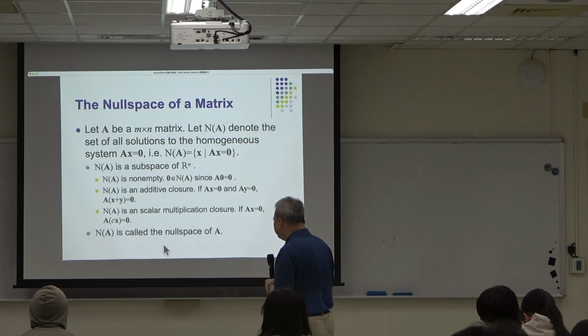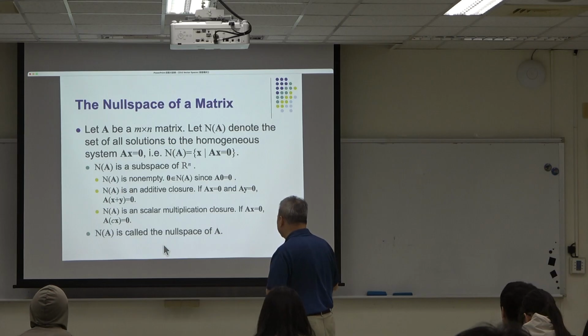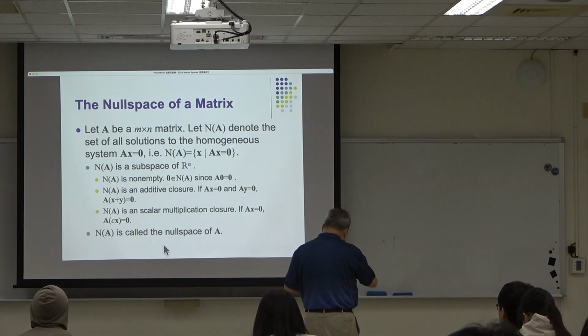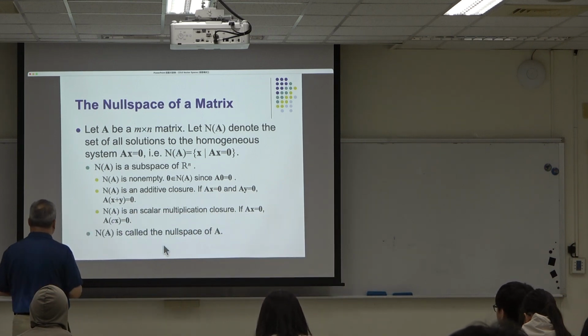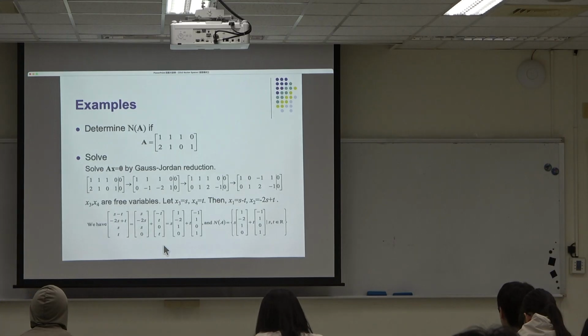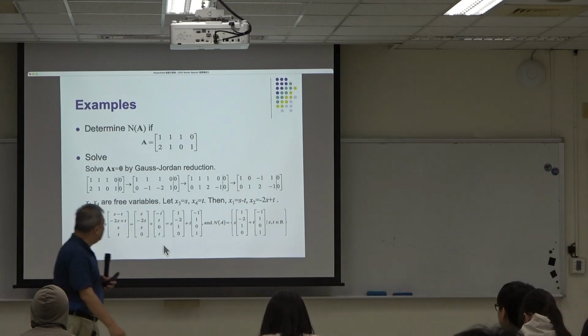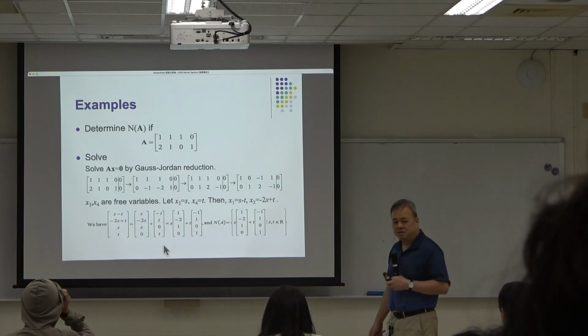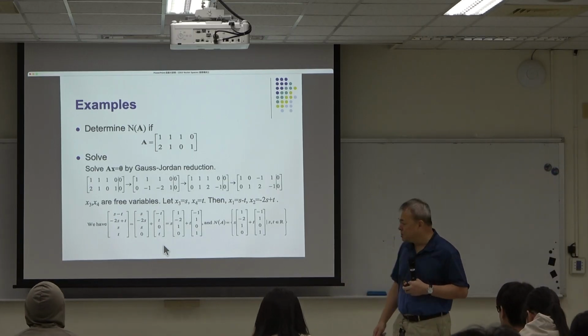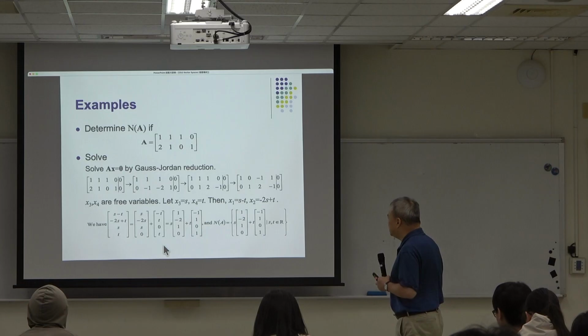So N(A) is called the null space. Let's look at an example. Let A be this one, a 2 by 4 matrix.